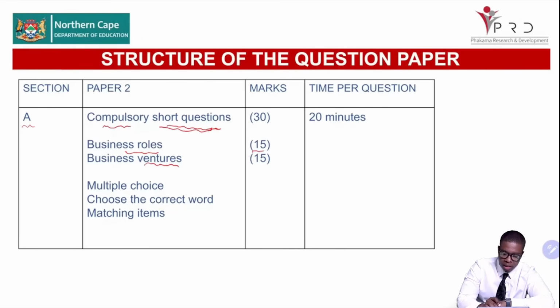Business rules is assessed for 15 marks and business ventures is also assessed for 15 marks.